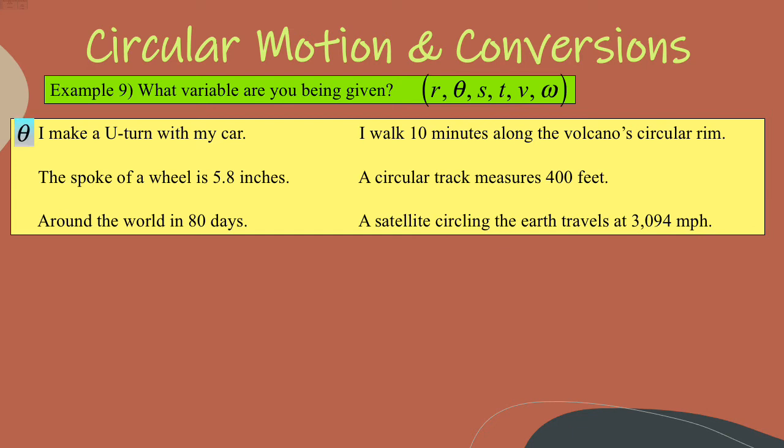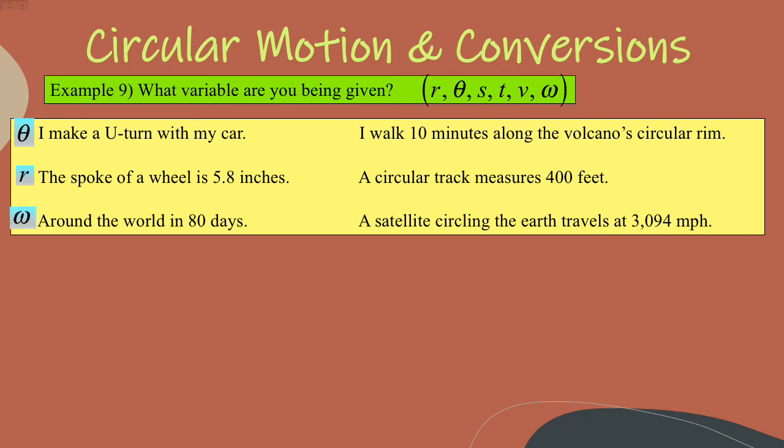If you are told that you are making a U-turn with your car, that means that you are turning the car 180 degrees, and that means that you are being given theta. If you are told that the spoke of a wheel is 5.8 inches, then you are given its radius r.